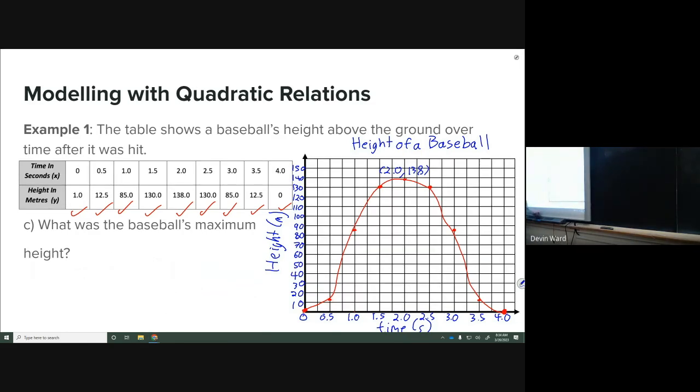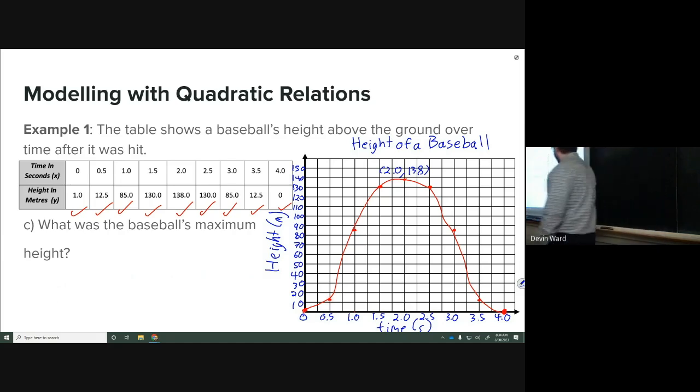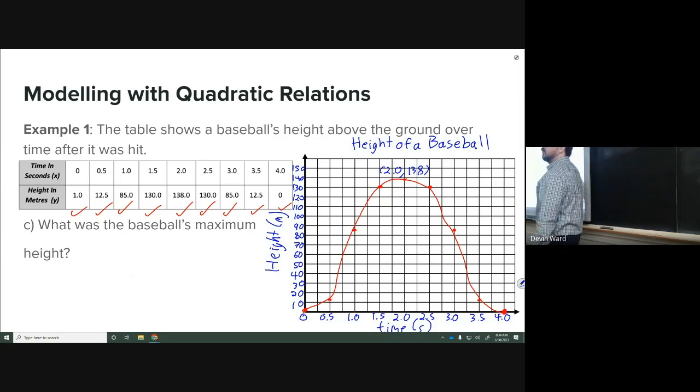Increase and decreases. C. What was the baseball's maximum height? So how high did the baseball reach? Perfect. So just look through your table values or look at your graph and look for the highest point. Okay, the highest point is right here, which is 138.